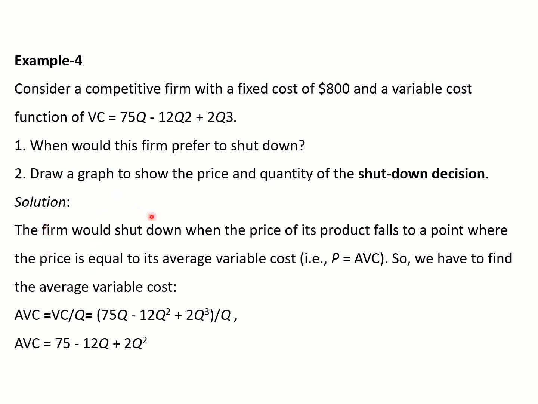Let's go to the solution. The firm would shut down where the price of its product falls to a point where the price is equal to its average variable cost.